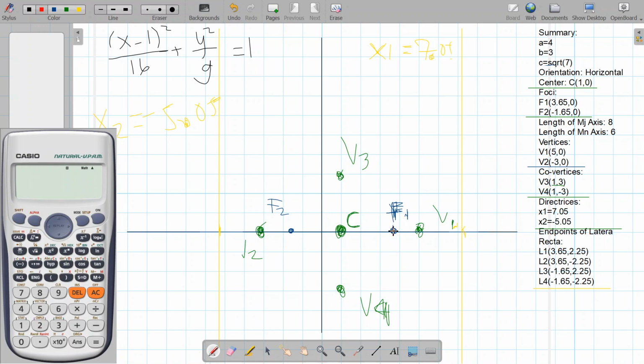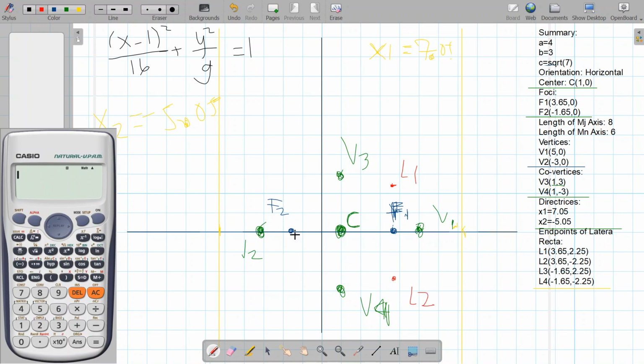Then let's just count for 2.25. So 1, 2, and 2.25 is somewhere here. Okay, so somewhere there. That is our L1. Or L2. So it's still here, but it's negative 2.25. So 1, 2, 2.25 is somewhere also here. Okay, so this is L2.